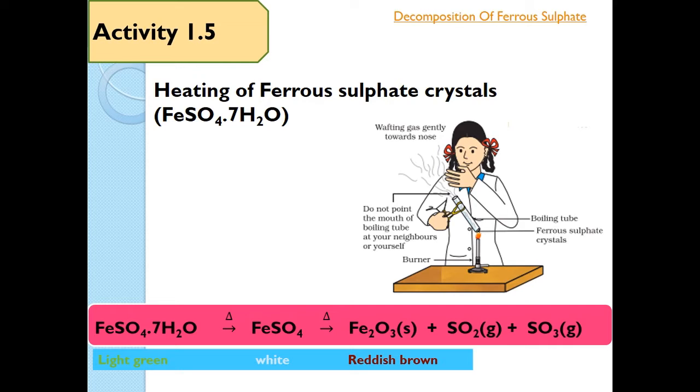And when now it is further heated, it undergoes decomposition. Ferric oxide is formed along with evolution of sulfur dioxide and sulfur trioxide gases. Ferric oxide is reddish brown in color, and sulfur dioxide and sulfur trioxide gases can be experienced through their characteristic odor. Let us see this activity.